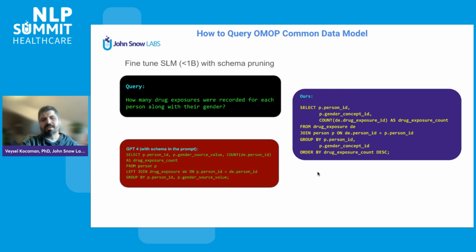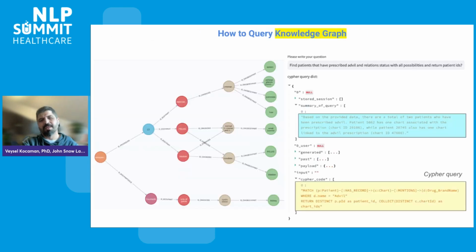So that's why with small LLMs, even with less than 1 billion parameter models, if you apply these different techniques and different pruning techniques, you will be able to achieve nice accuracy without even fine-tuning on this dataset. Because to be able to fine-tune an LLM on any SQL dataset, you need to generate a bunch of SQL queries, as you know. So this approach will allow you to do this without fine-tuning your LLM.